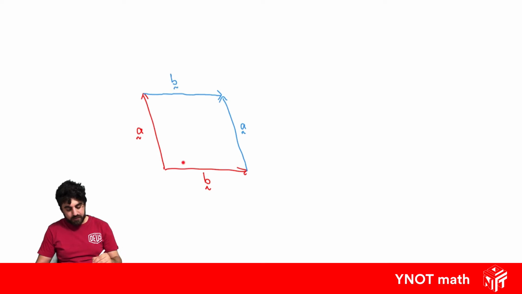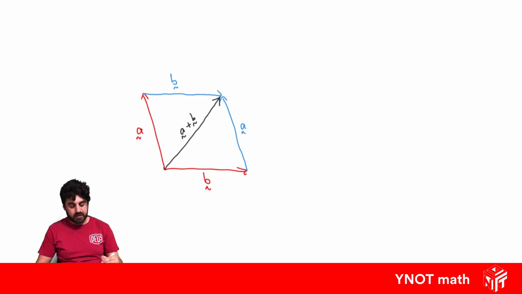And moving B up here shows that the resultant vector is going from there to there. And this is actually A plus B. And we call this the parallelogram law of addition.